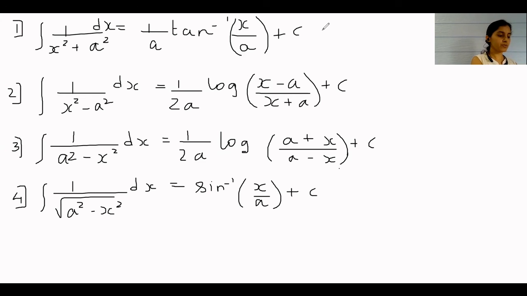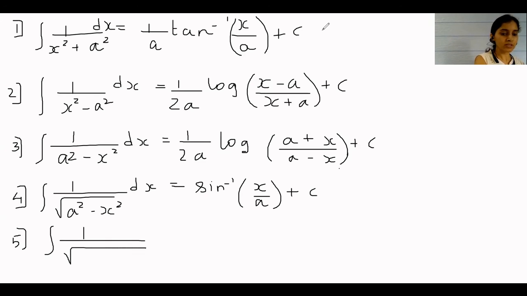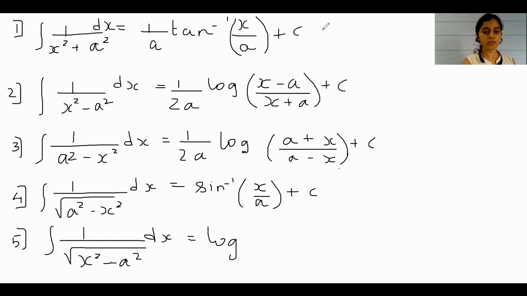Okay, the fifth one, integration of 1 upon root of x square minus a square dx is equal to log of x plus root of x square minus a square plus c. This is the fifth one.